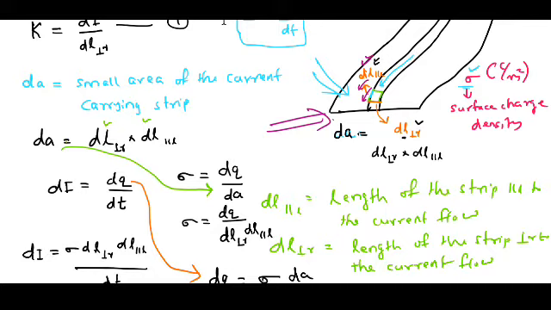Therefore, the velocity of the charged particle is the distance traveled by the charged particle in a certain time. We can write that velocity v is equal to length by time, dl parallel divided by dt.